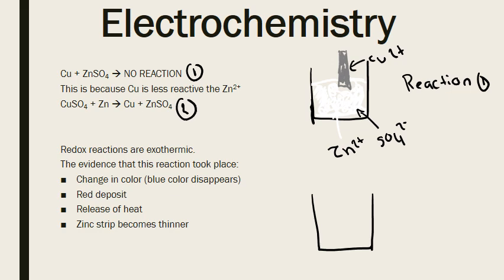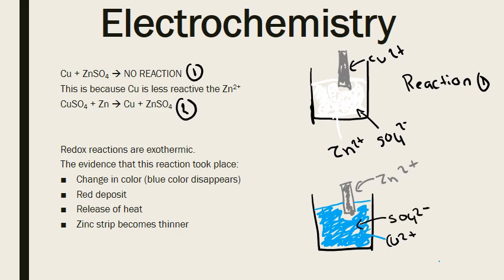So if we put a zinc metal in here, and we put here copper sulfate, remember Cu2+ is blue, so therefore the solution is blue. So we have here Cu2+ ions and SO4 2- ions.